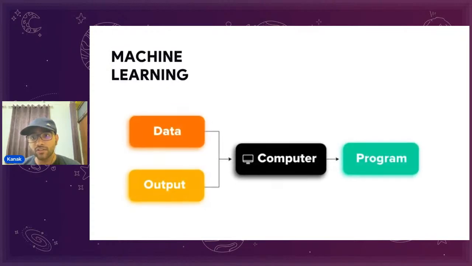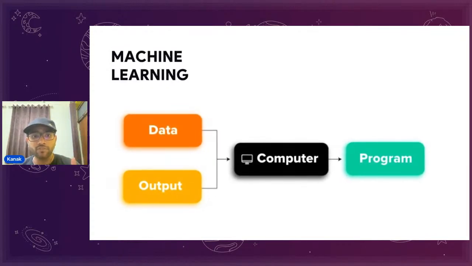In machine learning, on the other hand, you have your input data, you also have their corresponding output. When you provide the computer both of these, it will work out the logic necessary to translate the specific input to the associated output. That's why it's called artificial intelligence, right? The computer is learning how to perform a specific task by observing the data you feed into it, just like human beings learn.